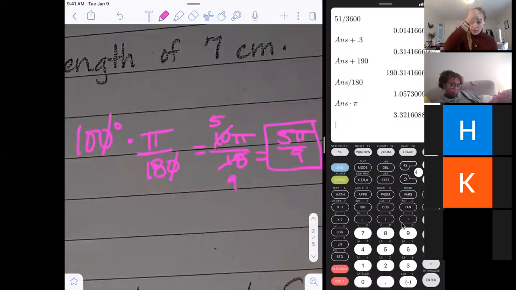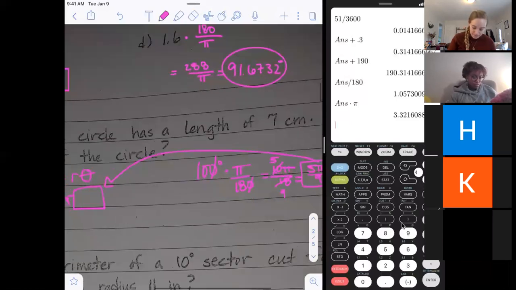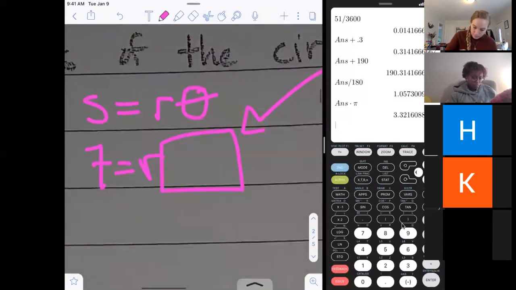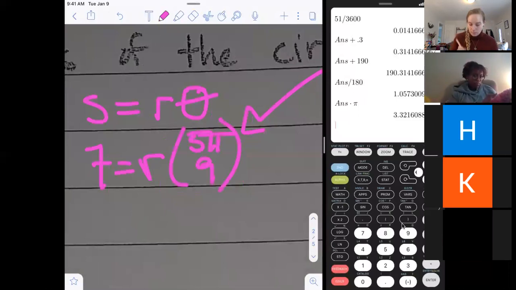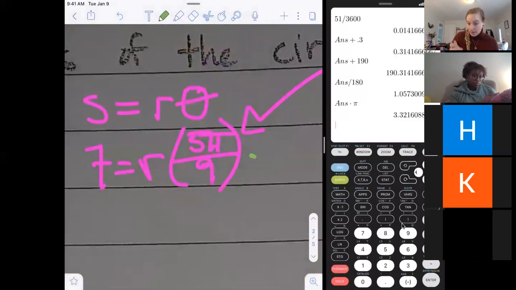That is what I'm going to plug into my equation over on the left: 5 pi over 9. In order to get R by itself, I think the easiest way is to multiply by the reciprocal.